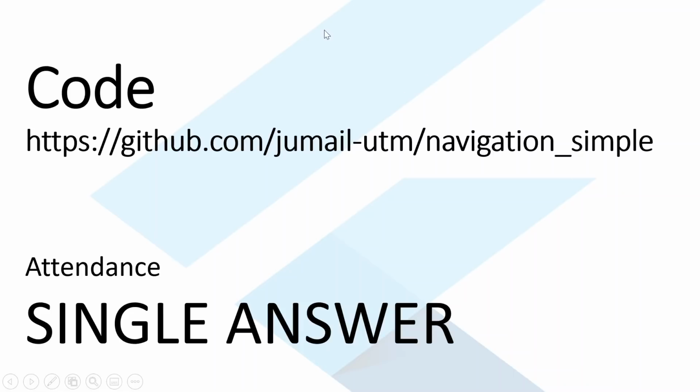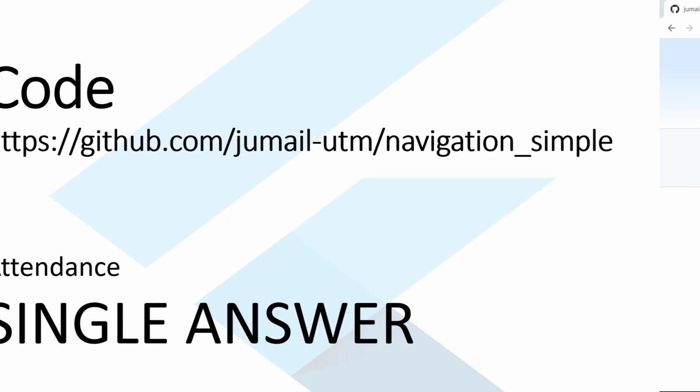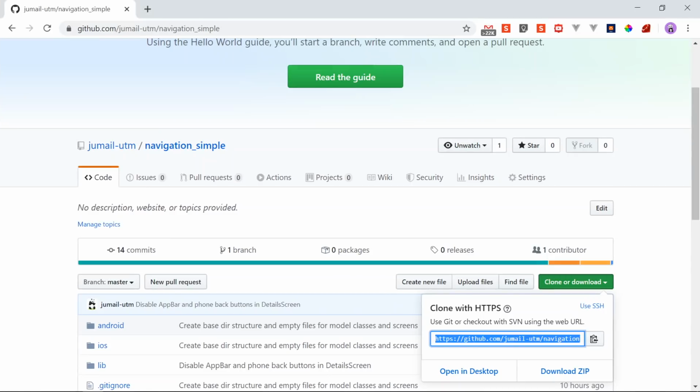So okay, let's go to this GitHub. How to download? You can use any, you can download directly from VS Code. But if you use VS Code directly, it asks you to provide your credentials, your username and password.